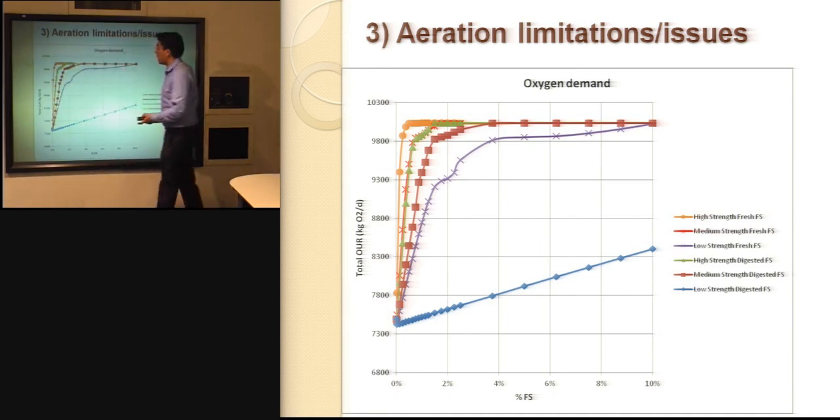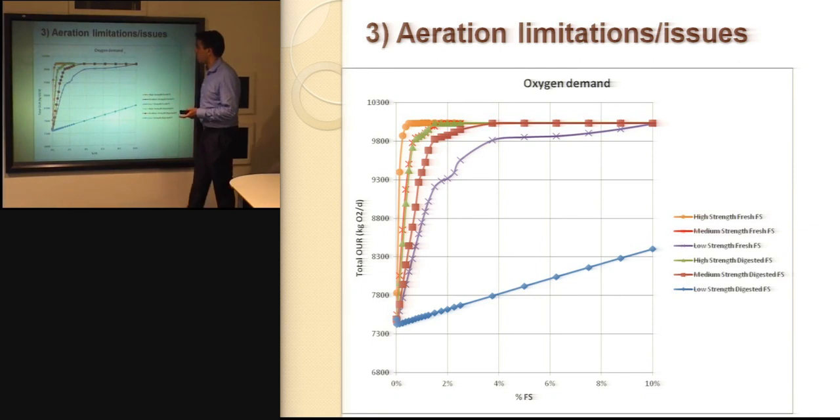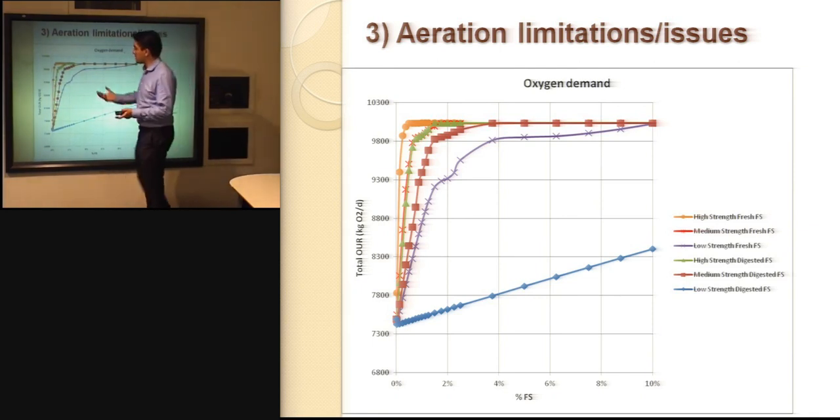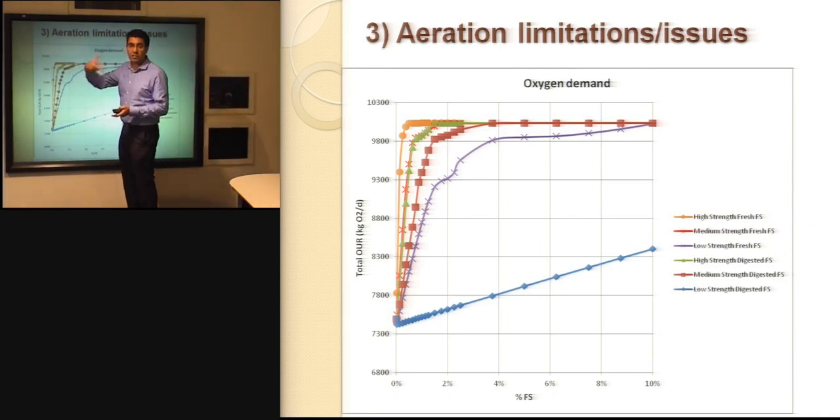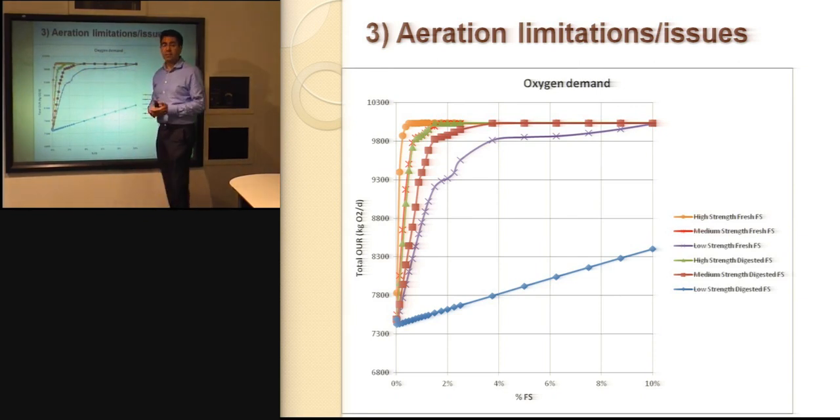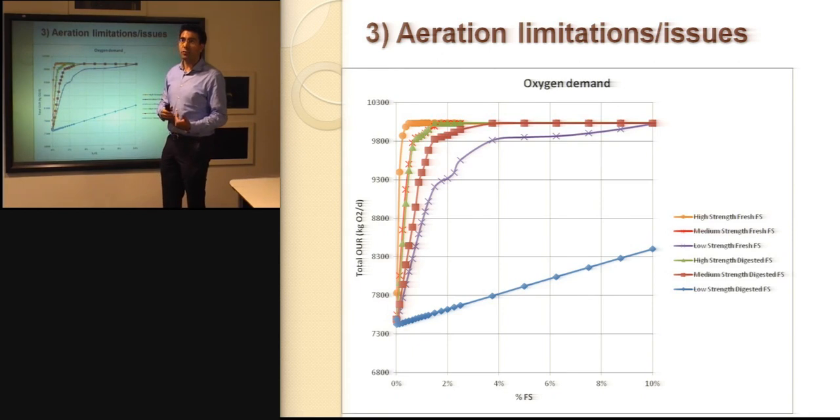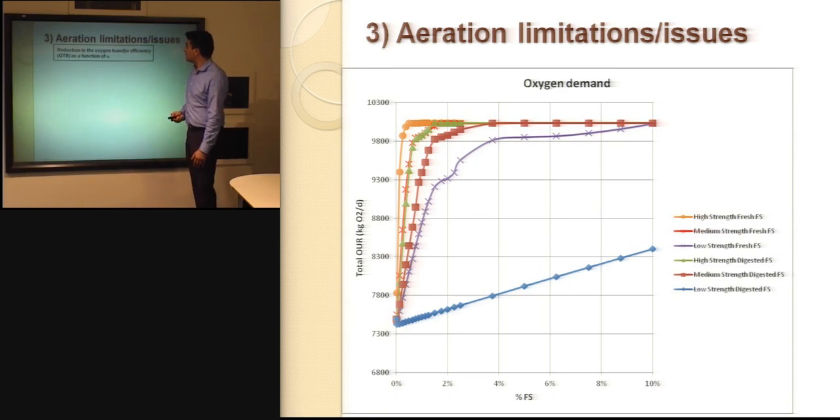Why do we reach these maximum values? Well, because in most cases, the system will have a certain capacity to transfer oxygen, and if we start to discharge more than what can be treated, we will reach a certain maximum transfer capacity. Why is this happening?